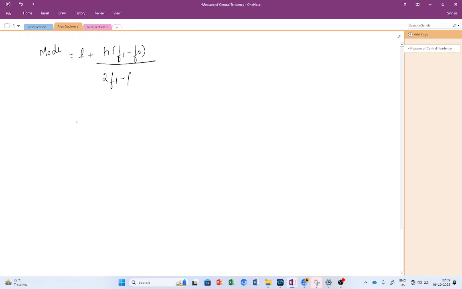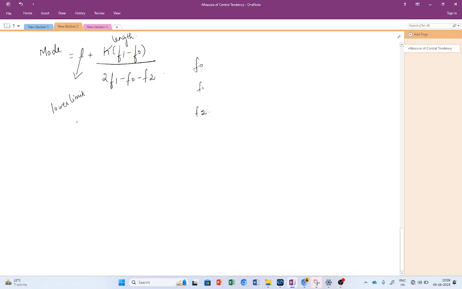L plus h times (f1 minus f0) divided by (2f1 minus f0 minus f2). Okay, as you know, L is nothing but the lower limit. h is nothing but the length of the modal class. So here you have f0, f1 and f2.